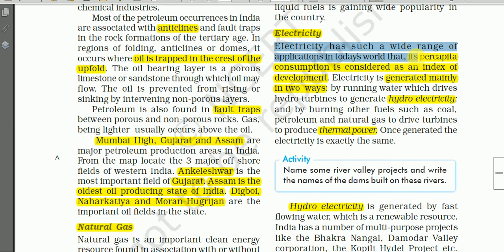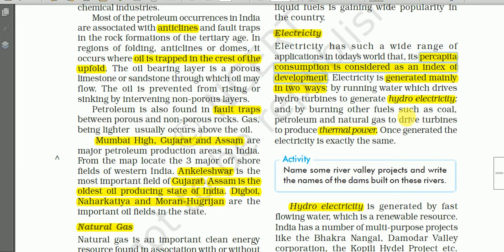Electricity has such a wide range of applications in today's world that its per capita consumption is considered as an index of development. Per capita consumption of electricity is considered as an index of development. The higher the consumption, the higher is the economic development it implies.